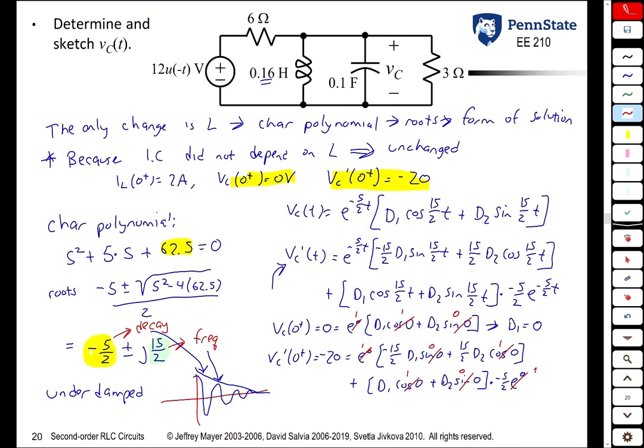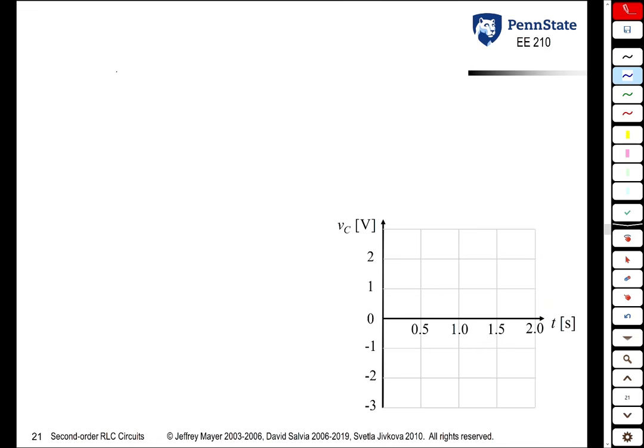You get a lot of things simplifying, and you end up getting that minus 20 equals 15/2 d2. So we can now put this together.